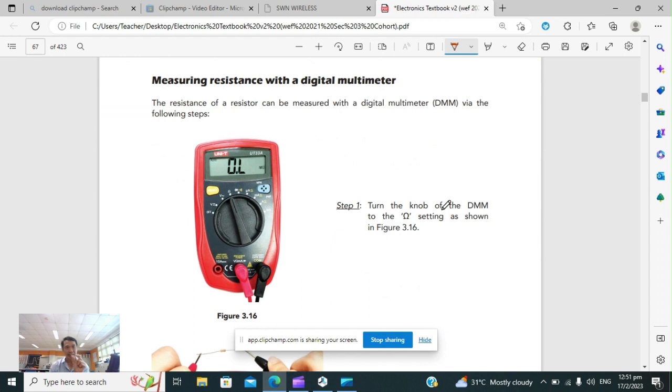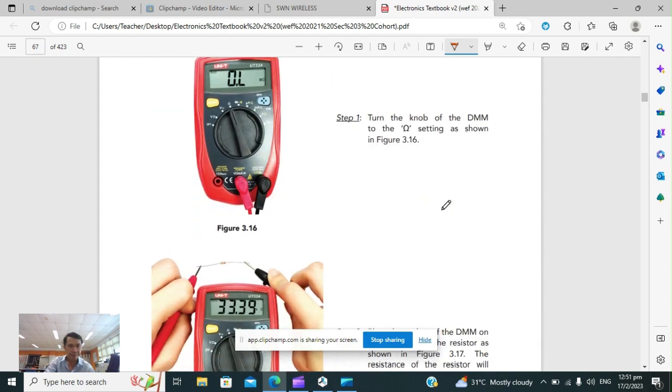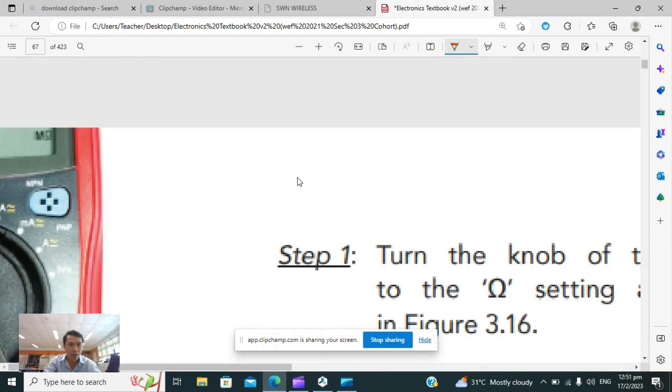Now, besides looking at the color bands of the resistor, there is another way that we can use an instrument to measure the resistance of a resistor. This instrument is called a digital multimeter. There is a symbol over here. Let me zoom it in for you.